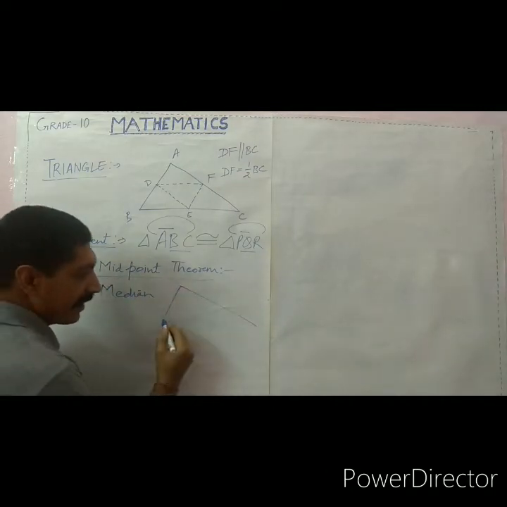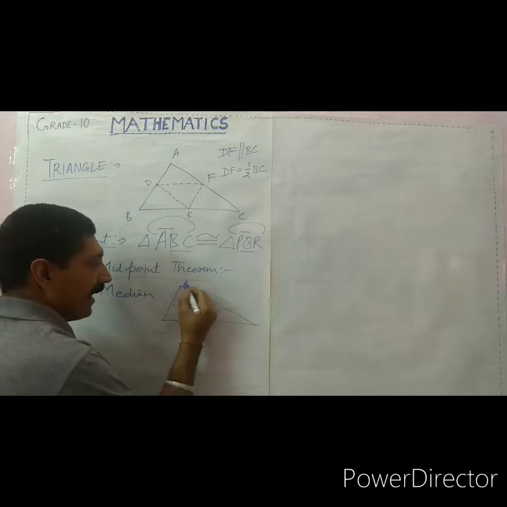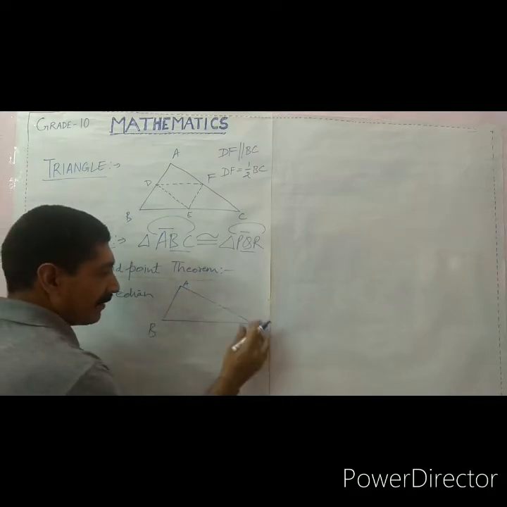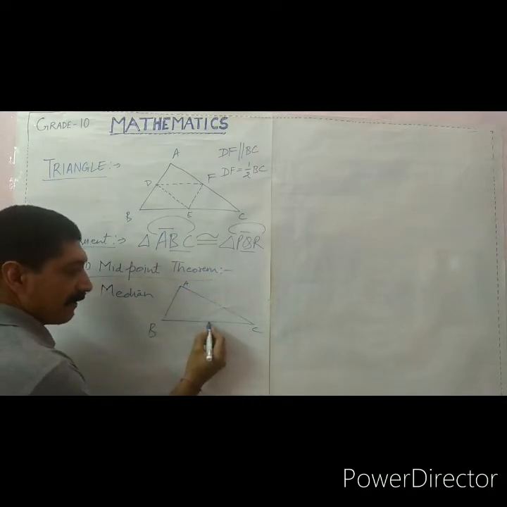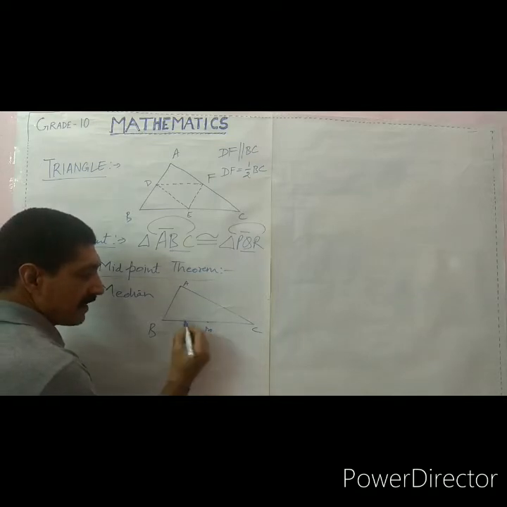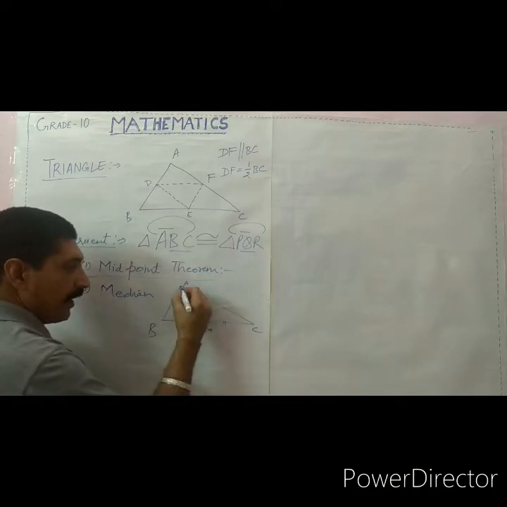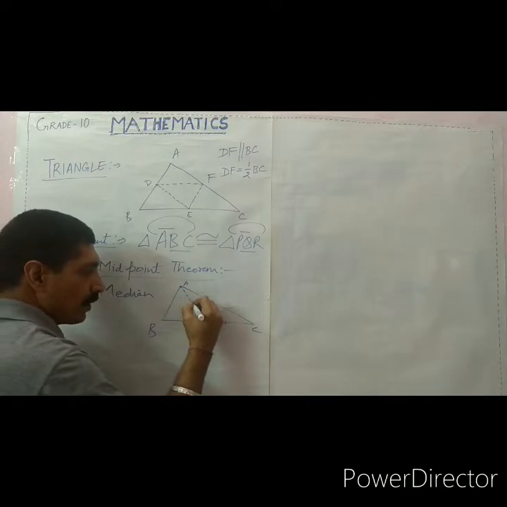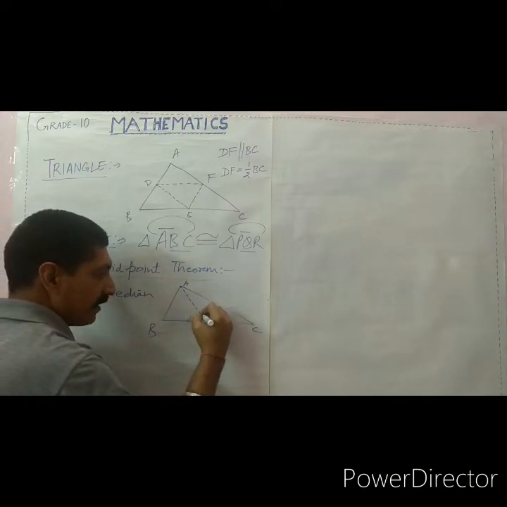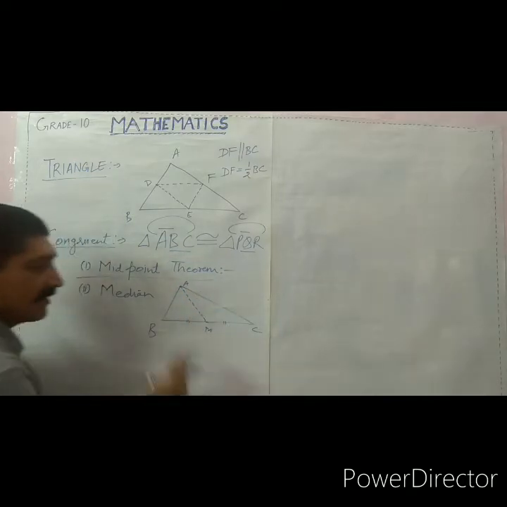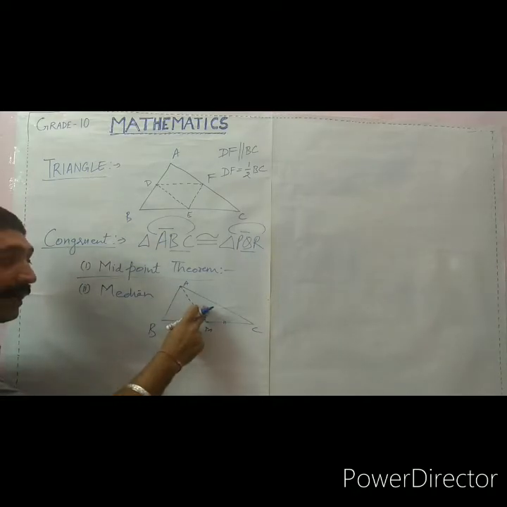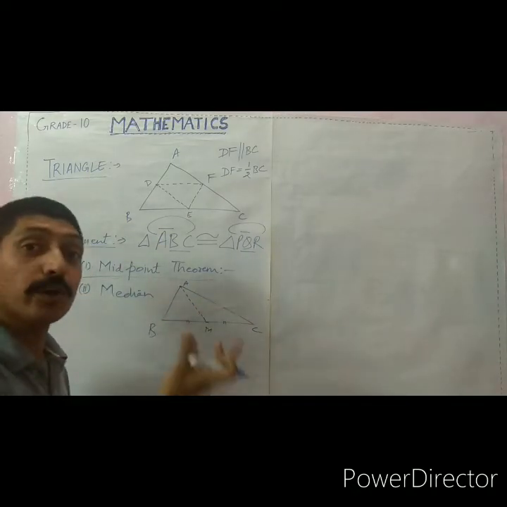In any triangle, if we choose any vertex A and the opposite side BC, and take the midpoint M of BC, when we join A with the midpoint M, these two triangles are always of equal area.